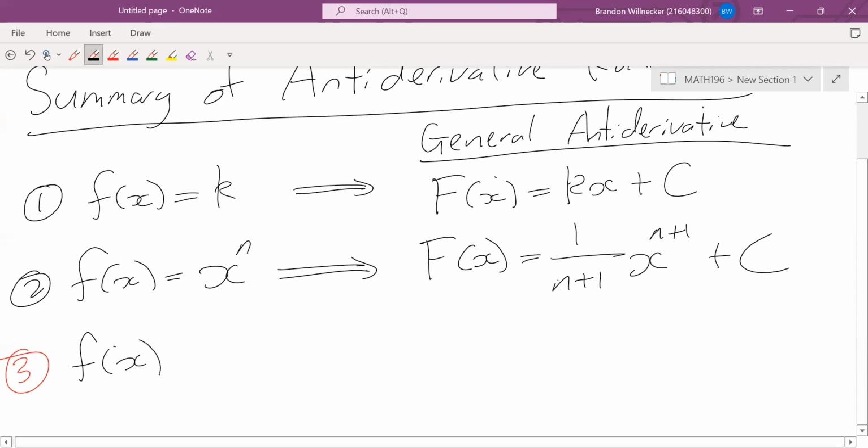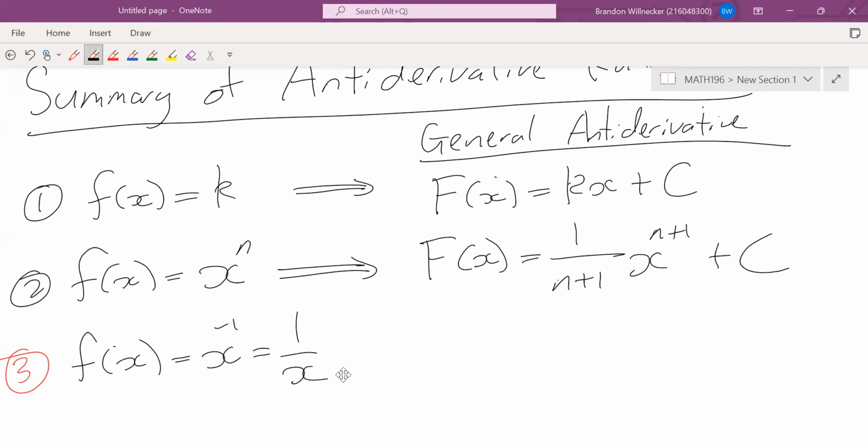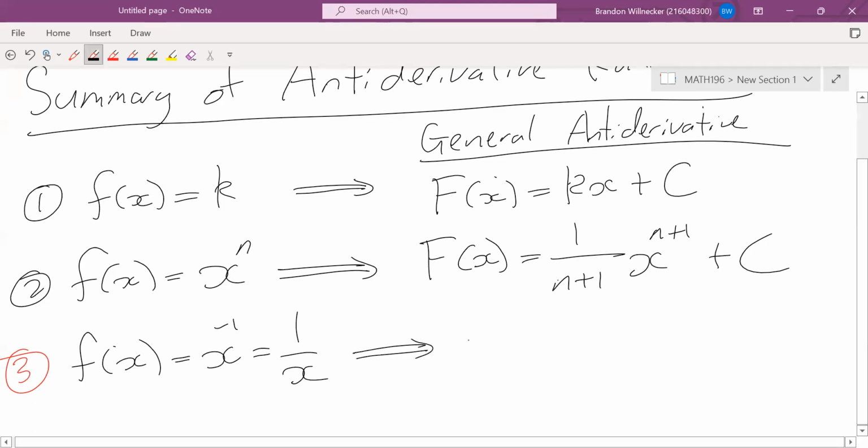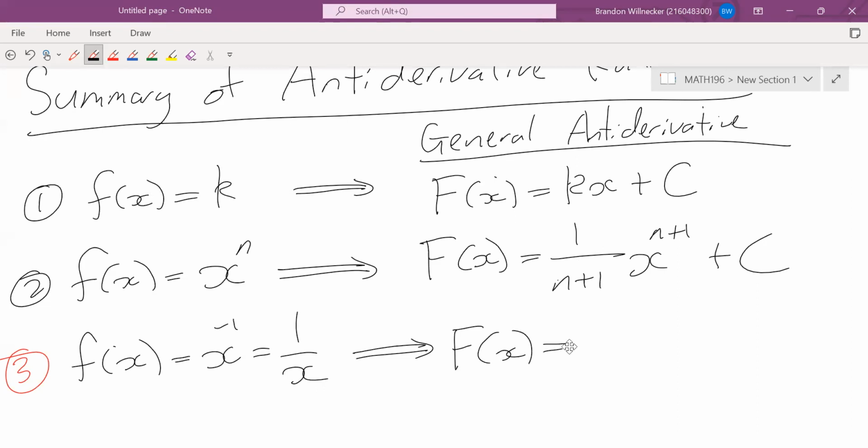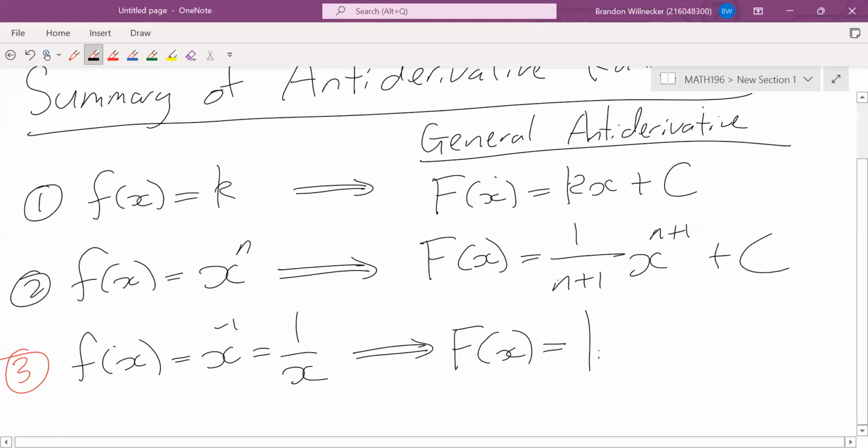We have f of x is equal to x to the -1, or we can write that as 1 over x. The antiderivative in this case, we don't use the power rule, because if we use the power rule, we're adding 1 to -1, so the new exponent becomes 0. That's wrong. You can't have that. So in this case, it's going to be the natural log absolute value of x plus c.